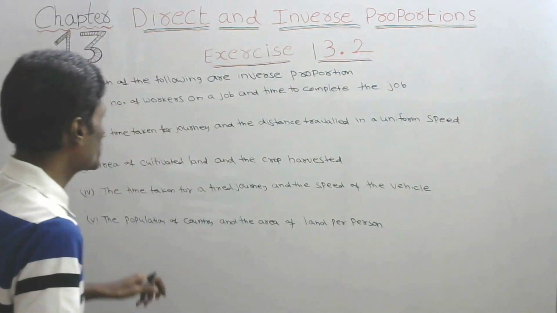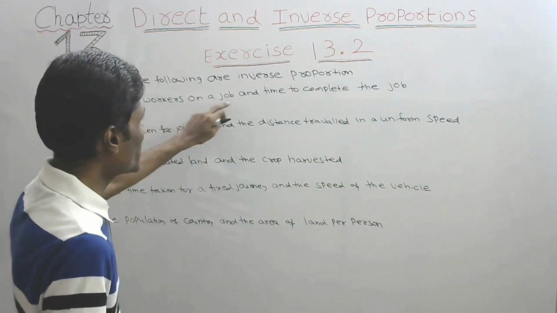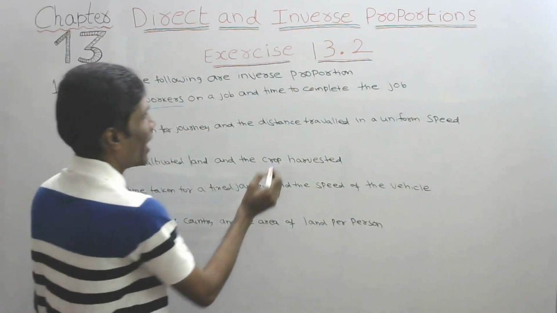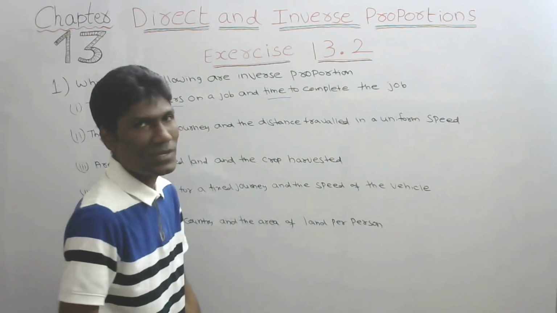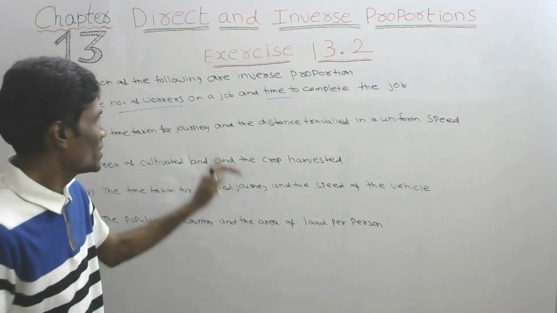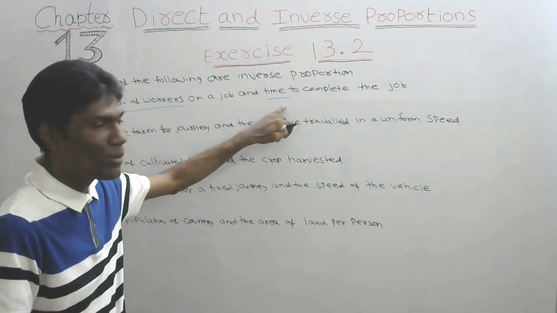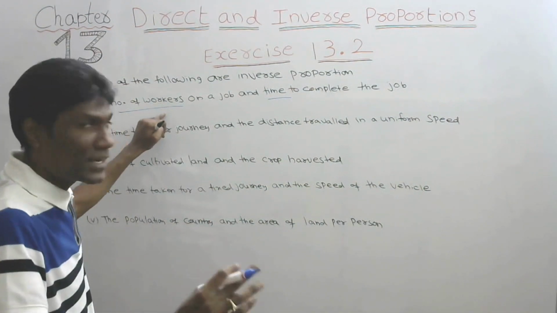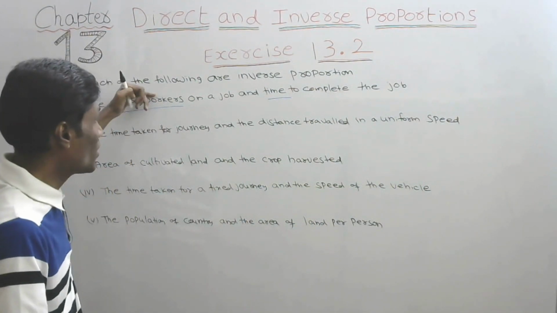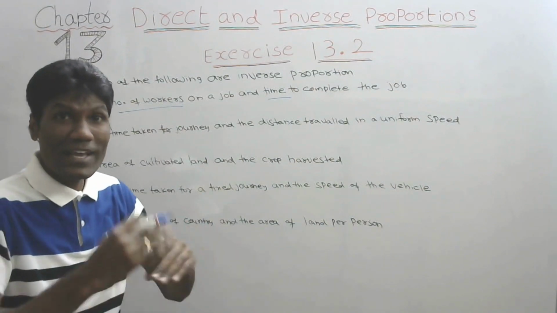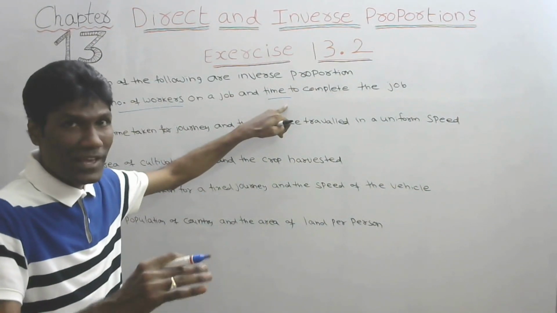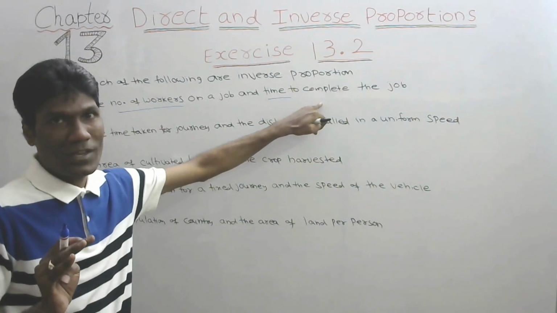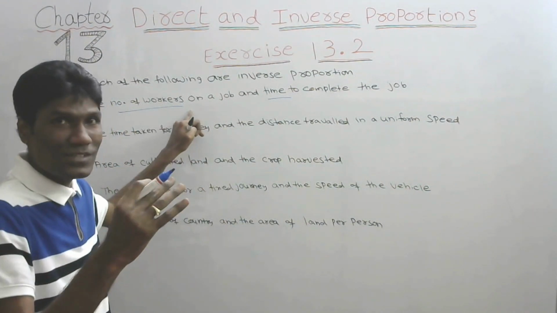Let us start with the first one. The number of workers on a job and the time to complete the job. Certain workers will be there, and a certain time will be taken to complete. If the number of workers is increased, then will the time to complete the job increase or decrease?